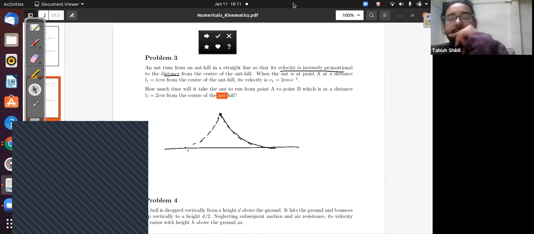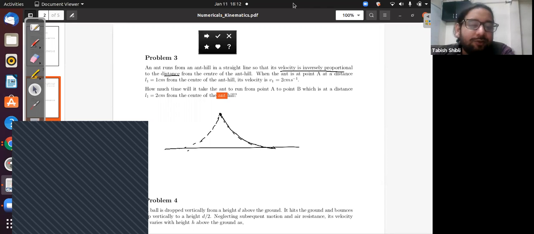1 centimeter per second. I think that's close. 1 centimeter.